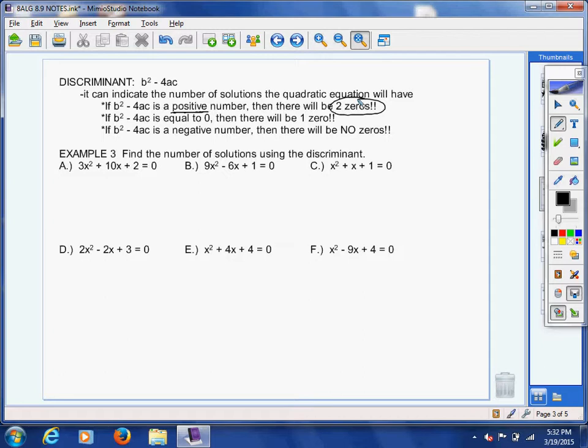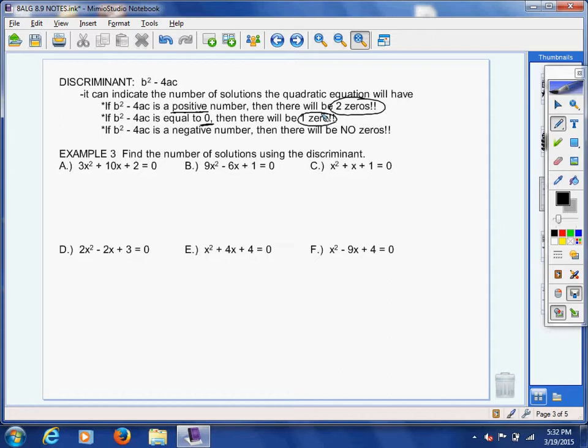Now, if b squared minus 4ac is equal to 0, so you just get a 0 underneath the radical, then you're just going to have one place where your parabola touches the x-axis. Your 0 and your vertex will actually be one and the same. So you'll have 1 zero if your discriminant is the actual number 0.